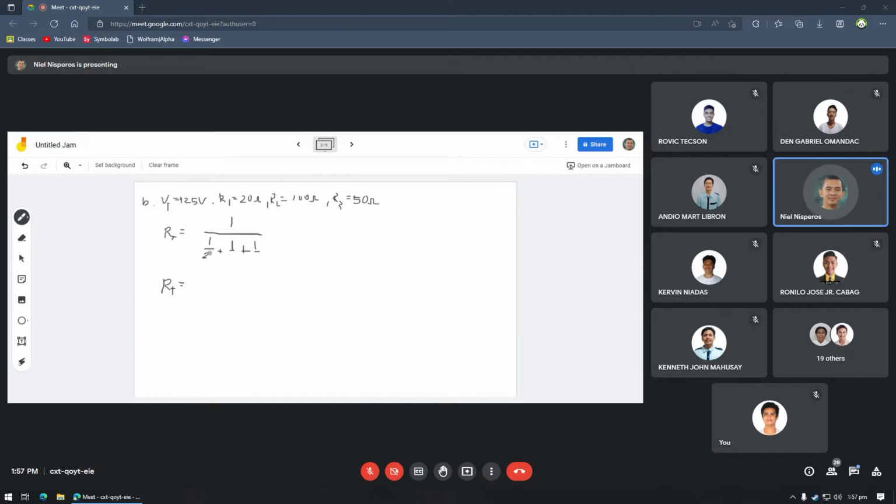So 20, this is 100, and then the last one is 50. So if you use the calculator, then you will get the value.